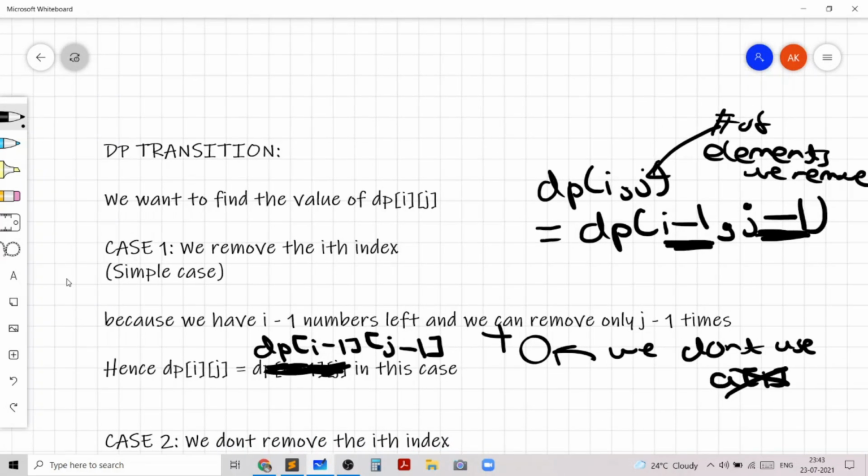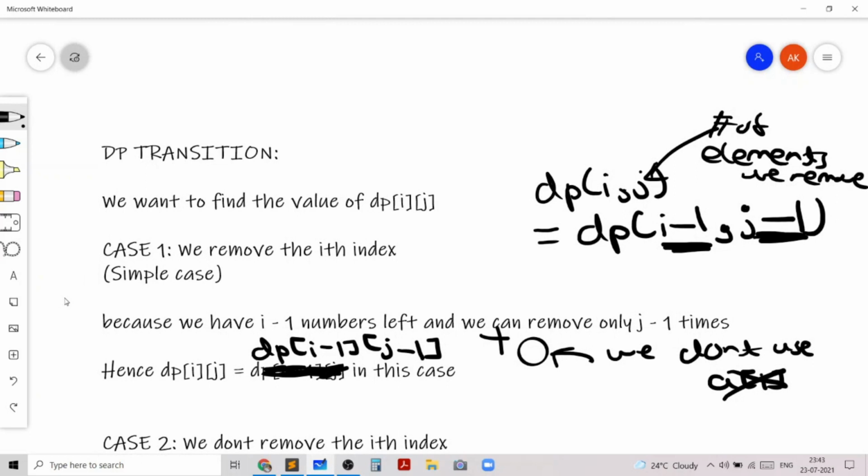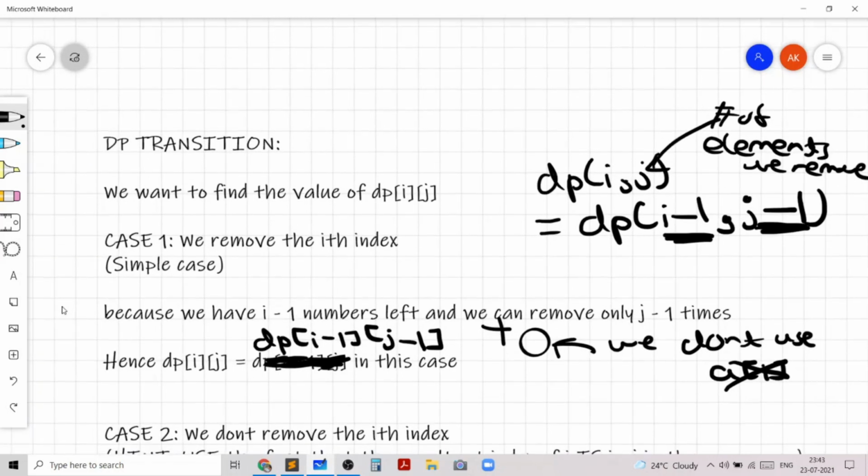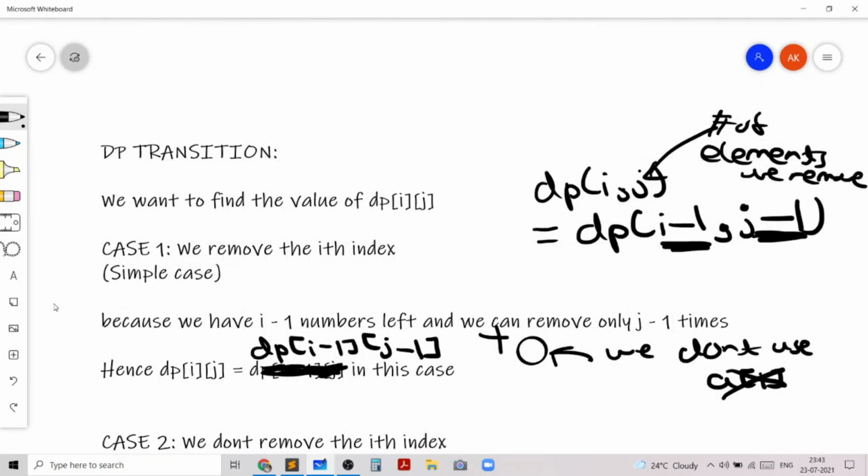And the second case is when we don't remove the ith index. So when we don't remove the ith index, what do we have left? We have two things left: the i-1 numbers, and the ith index. Those are our two terms which we should add together in our computation.